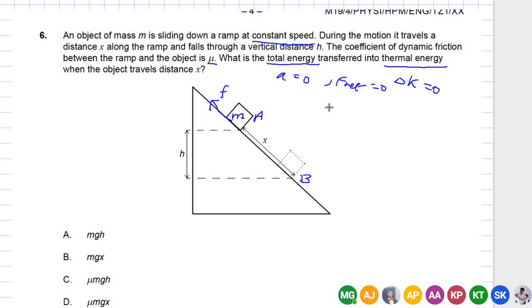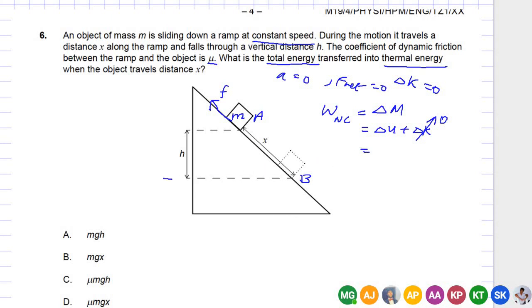So we'll apply: work done by non-conservative force is equal to change in mechanical energy, and change in mechanical energy is change in potential energy plus change in kinetic energy. We know that change in kinetic energy is 0 in this scenario from A to B, so it's just change in potential energy. Change in potential energy is final potential energy minus initial potential energy.